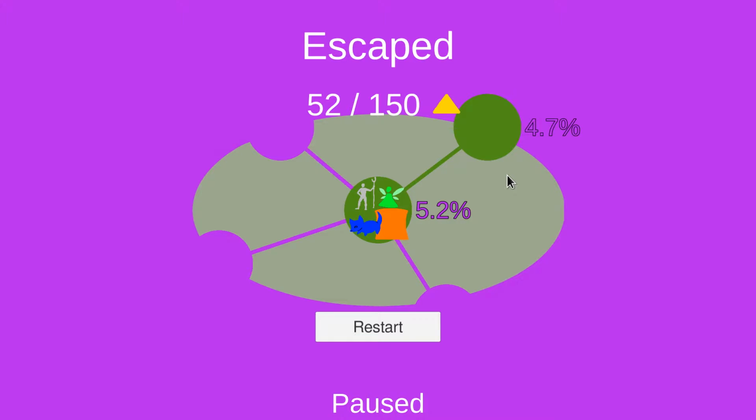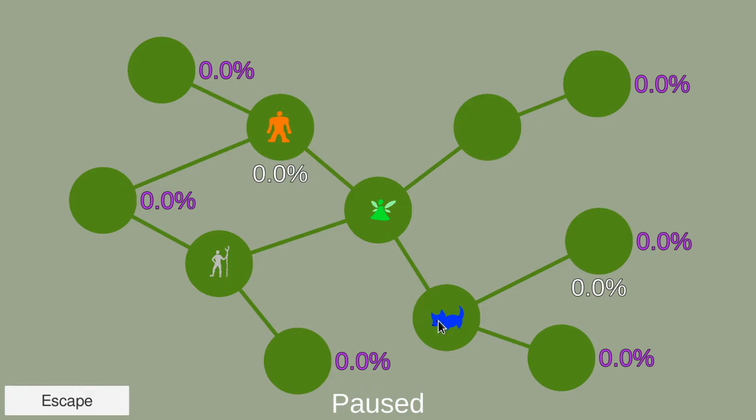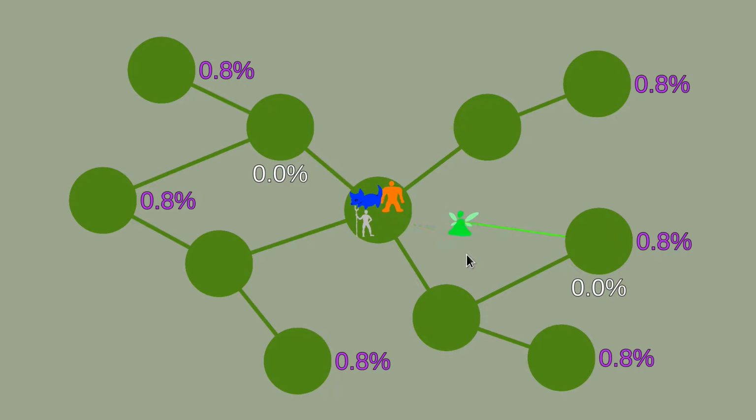So you need to keep changing your tactic depending on which node overflows first and how many people you have left. You see, they can take a hit. Let's try that. Well, I mean, in the prototype it's not very exciting. But I can, for instance, move everybody back in the middle. Well, let's just try to do this.